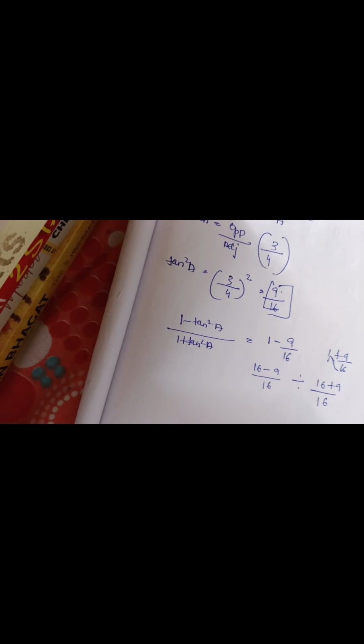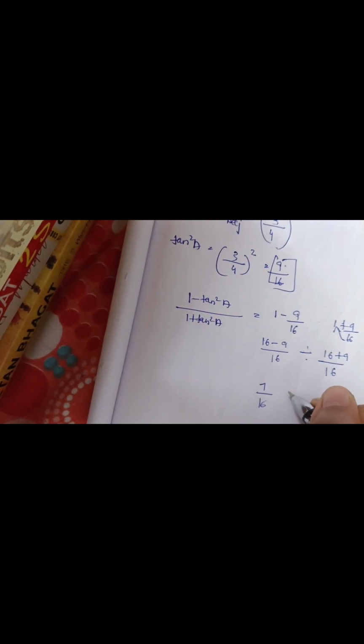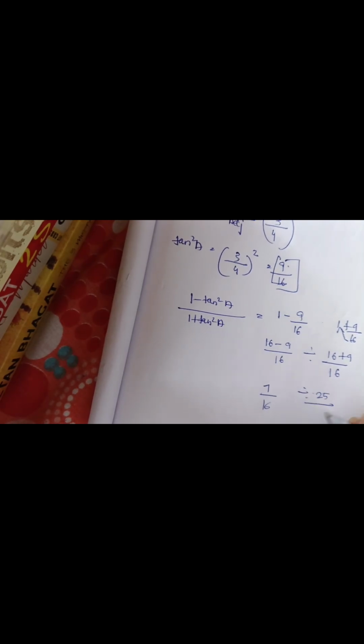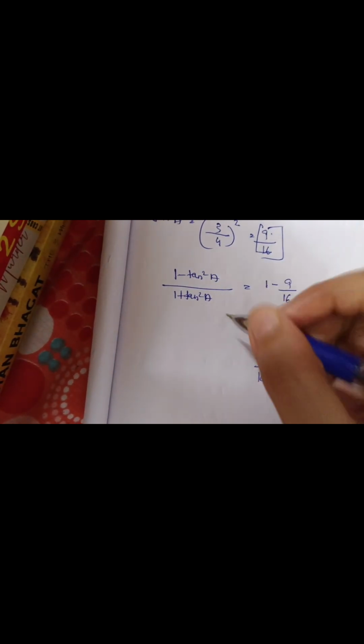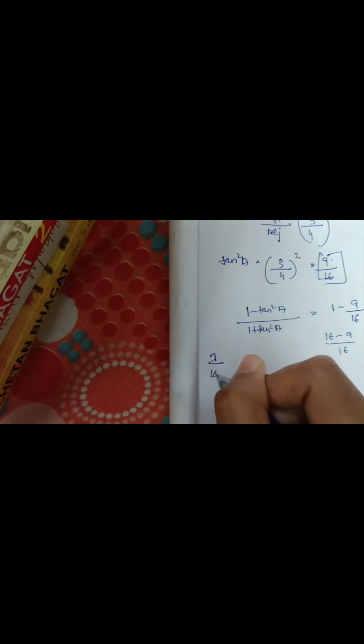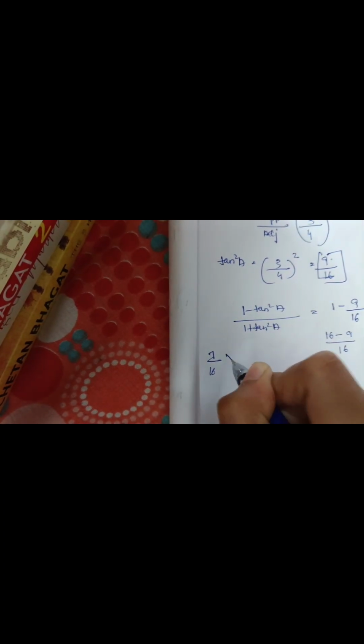16 minus 9 is 7. So 7 by 16 divided by 16 plus 9 is 25 by 16. So simple: leave me, change me, turn me over. I'm going to do this here. So leave me, we're going to leave 7 by 16. Change me, we are going to change the dividing sign into multiplication.